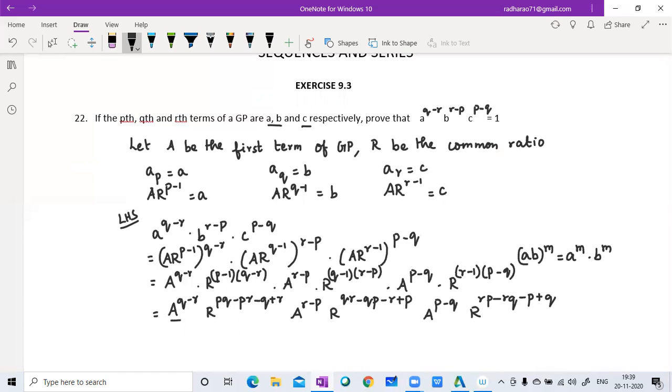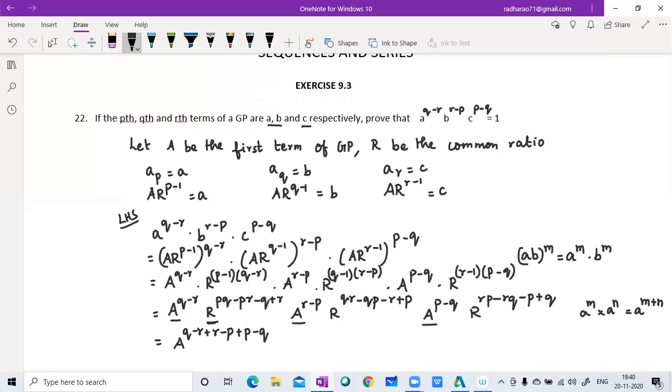Now there is a base A in three places, so A into A with different powers. You know a^m × a^n is nothing but a^(m+n). Here the bases are the same, so I have to add the powers. So A^((q-r)+(r-p)+(p-q)). I have taken all the A bases separately.